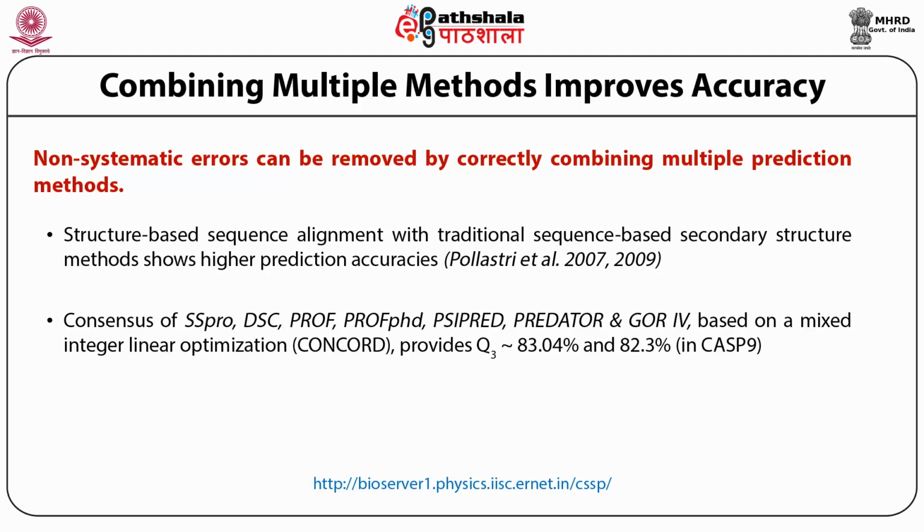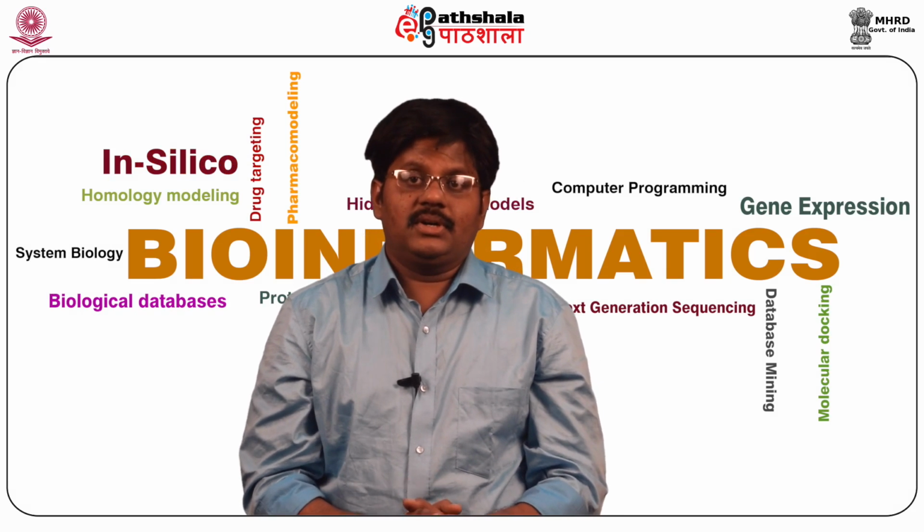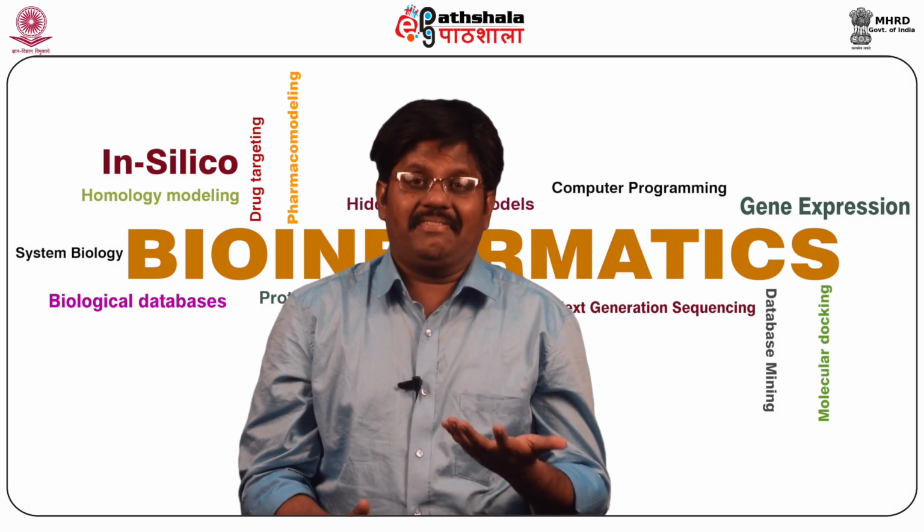CSSP is a consensus-based secondary structure prediction workbench developed by scientists at the Indian Institute of Science, and shows improved accuracy over other methods.